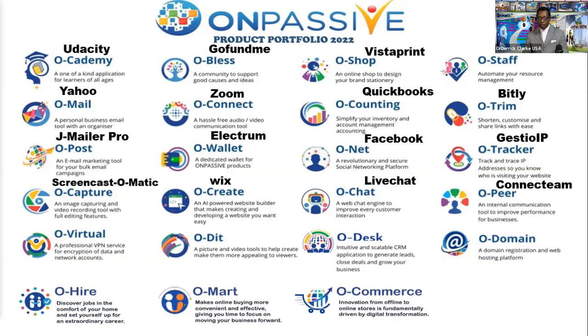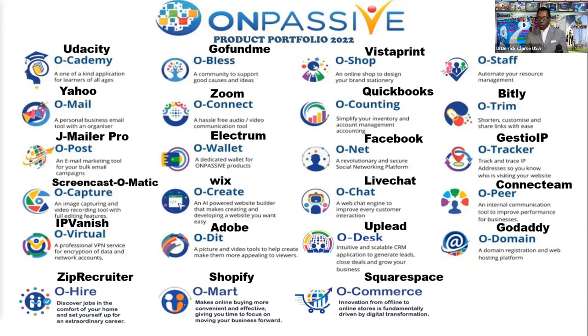Virtual is like IP Vanish, a VPN platform. Edit is like Adobe Photoshop or Adobe Premiere. Then you have Odesk, like Uplead, or domain like GoDaddy, or hire like ZipRecruiter, or Mart like Shopify, and commerce like Squarespace.